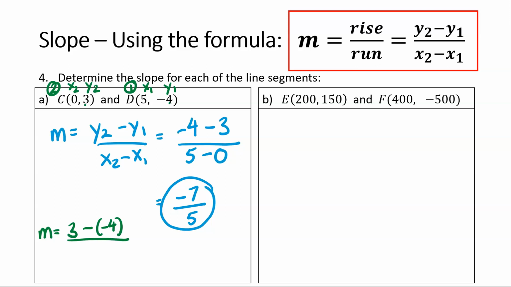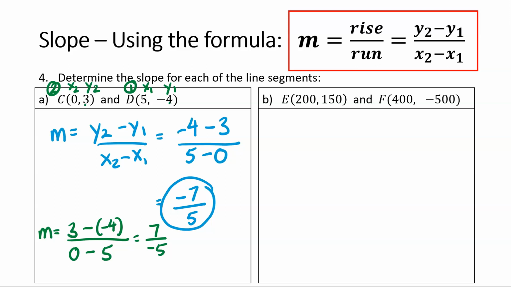We'll divide that by the x value of point 2, which is 0, minus the x value of point 1, which is 5. So here we have 3 minus a negative 4. That's like 3 plus 4, which is a positive 7. 0 minus 5, which is a negative 5. That's equal to 7 over negative 5.